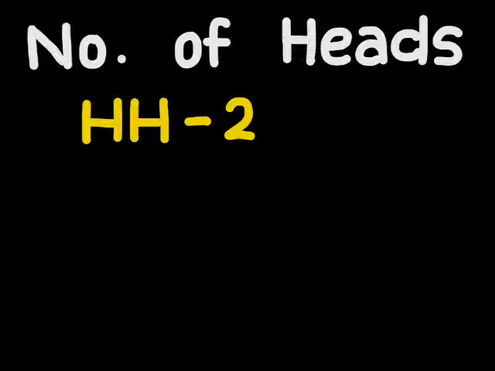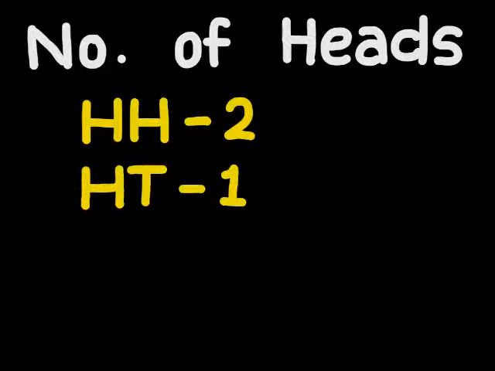Here the outcome HH is 2, which means that on both the throws the outcome turned out to be heads. So the value of X for this outcome is assigned 2.